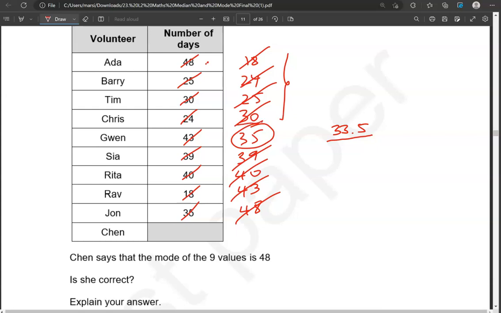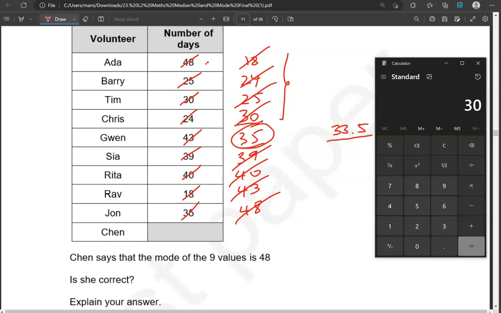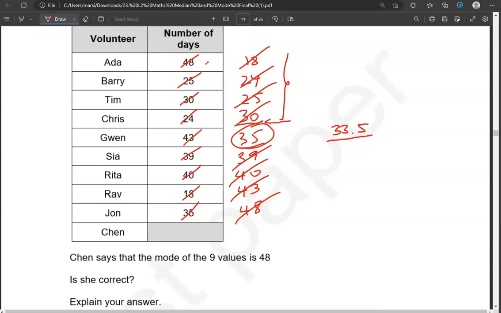If we add 30 and 35, that gives us 65 divided by 2, that is 32.5. So that tells us that the number is in between 30 and 35. So what is that number which we can add 35 to and then divide by 2, and the answer will be 33.5?